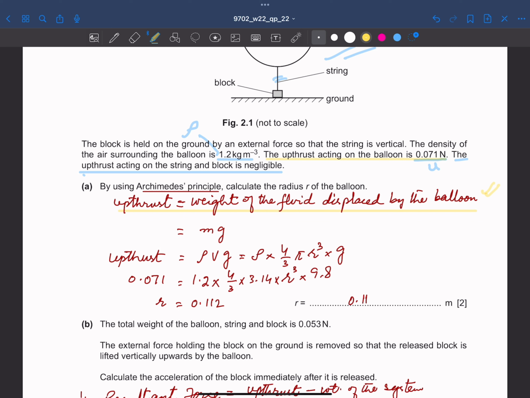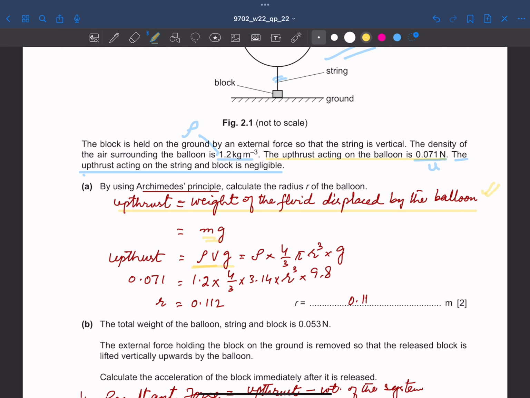If you are interested in detail, you can go to my lecture on upthrust, and of course you can follow the channel and get the theoretical part of this. So weight is nothing but mg, and you know that m is rho times V. So you get the equation for upthrust, which is rho Vg.